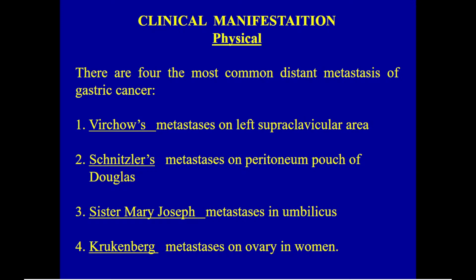The first is Virchow's metastasis in the left supraclavicular area, Schnitzler's metastasis on the peritoneum, pouch of Douglas, Sister Mary Joseph metastasis in the umbilicus, and the last, Krukenberg metastasis on the ovary in women.